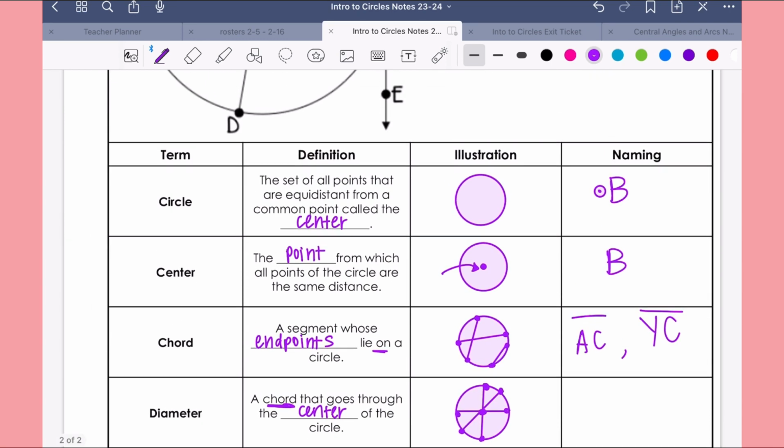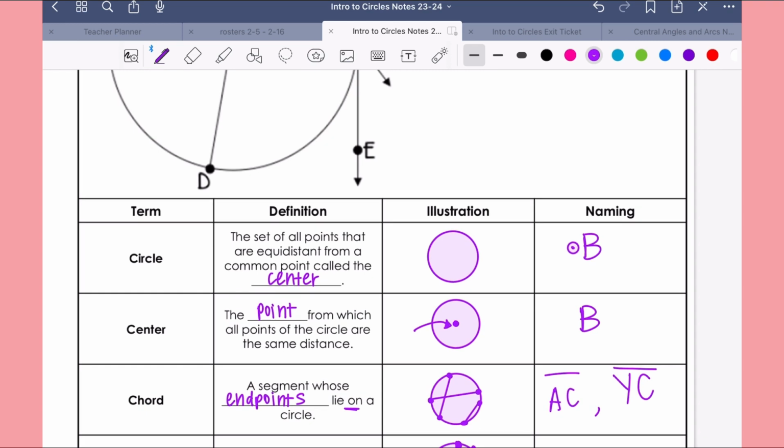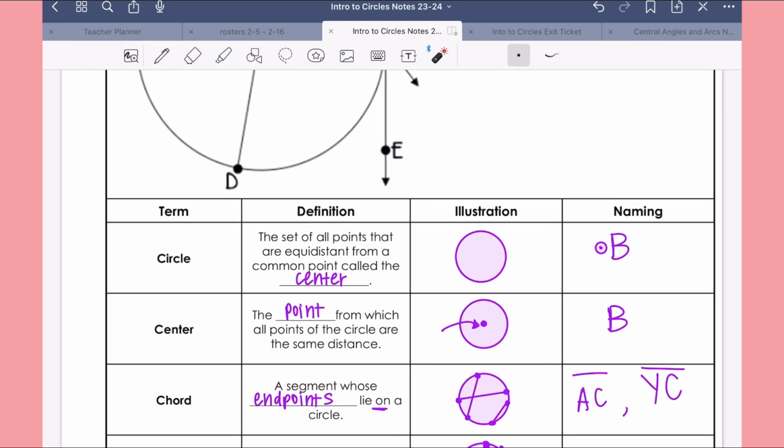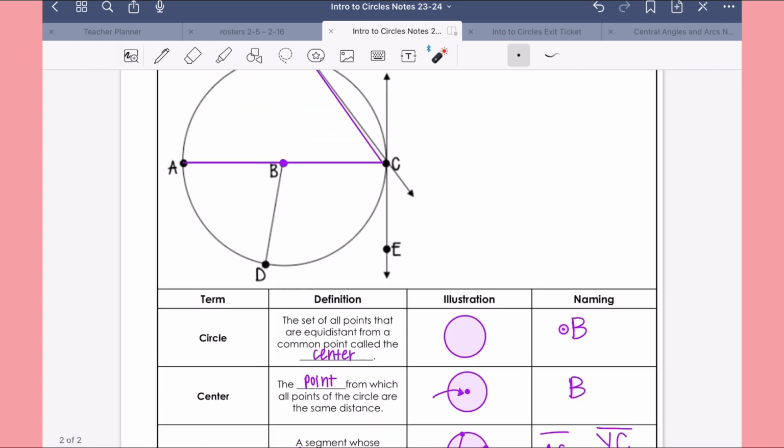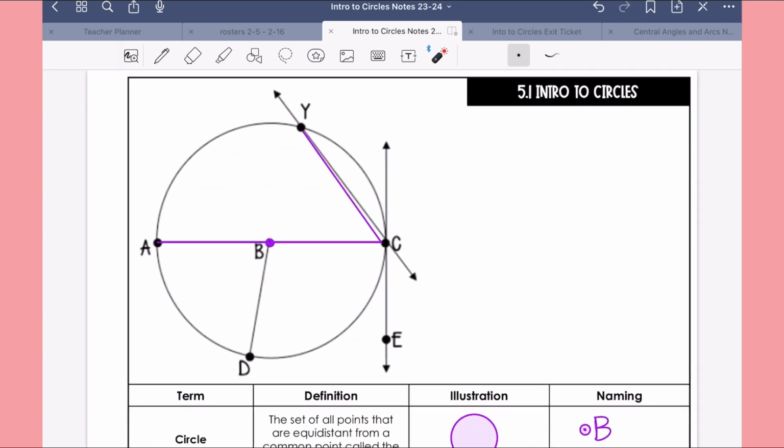So let's choose. We had two chords on this diagram. We had AC and YC. So which one is the diameter? AC or YC? Looking at the picture. AC is the diameter because it's going through what point? The center. So actually, let me switch colors.